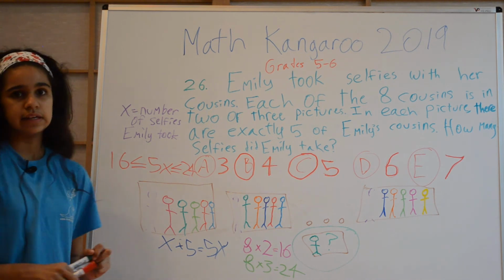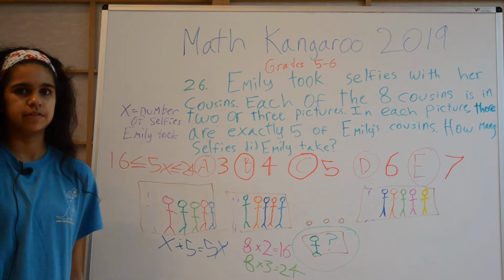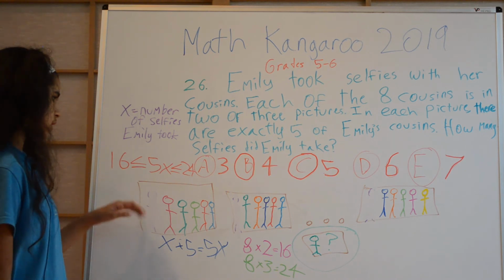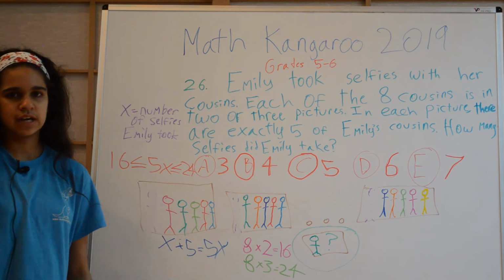So we know that x is an integer, and we know that because you can't take half a selfie or a third of a selfie. That doesn't make any sense. You can either take 1 selfie, 2 selfies. It has to be an integer number. So we know that 5x is going to be a multiple of 5, since it's 5 times some integer.